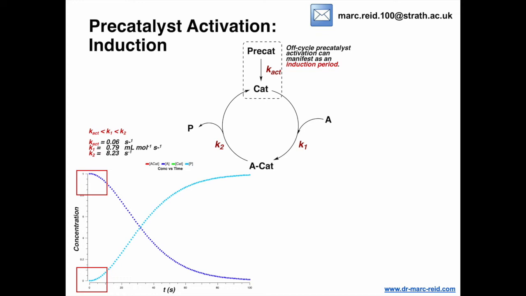That's denoted by the slower parts of the concentration versus time plot highlighted in the red boxes. The rate of the catalytic reaction reaches a maximum only after the maximum amount of active catalyst is released following activation.